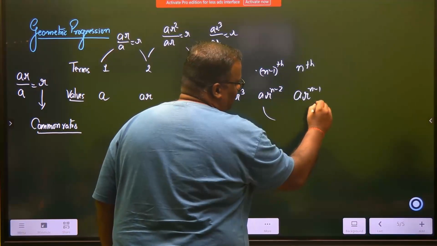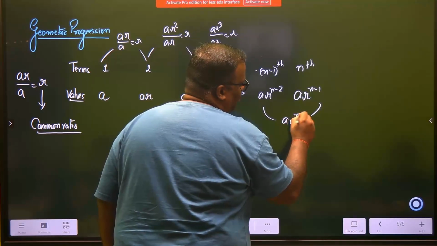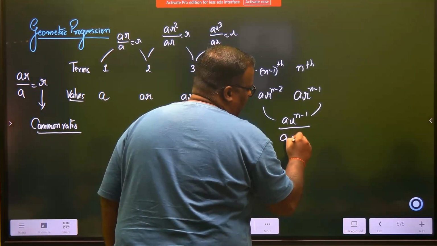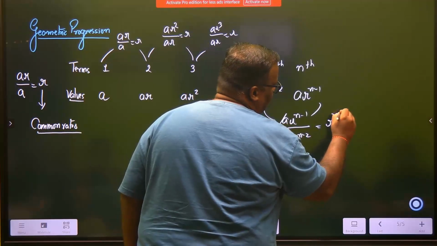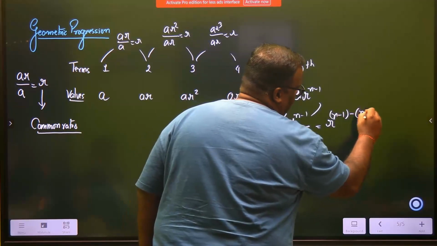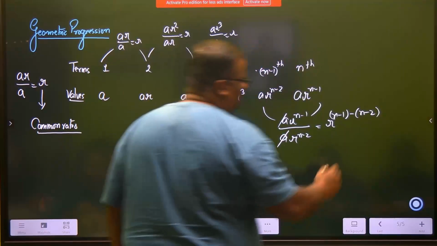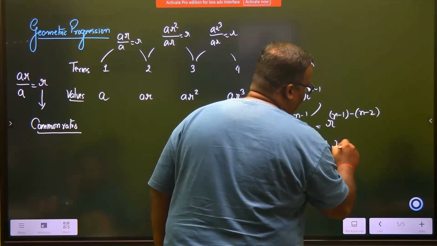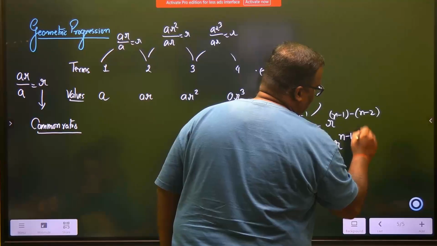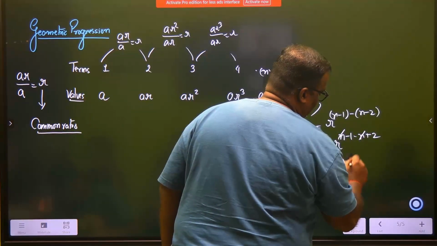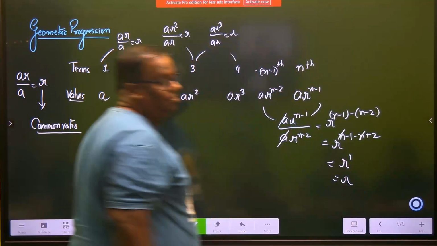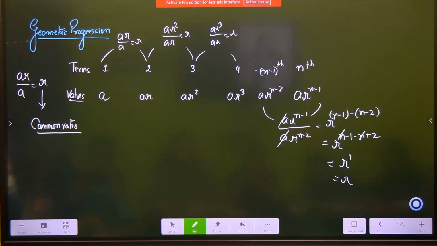So see the common ratio: ar to the n minus 1 divided by ar to the n minus 2. a is gone. This is r to the power n minus 1 minus n minus 2. Then what do you get? You get r to the power n minus 1 minus n plus 2, which is r to the power 1. Common ratio is this. That's all.